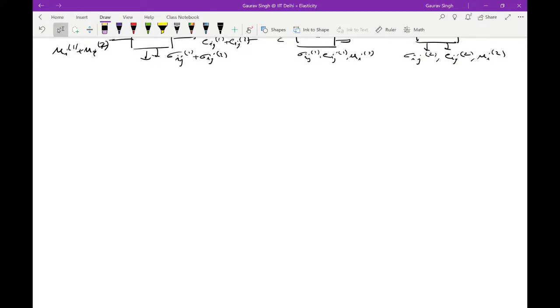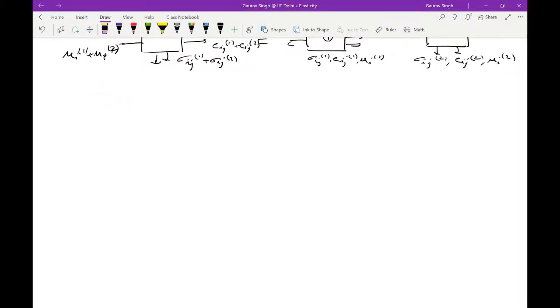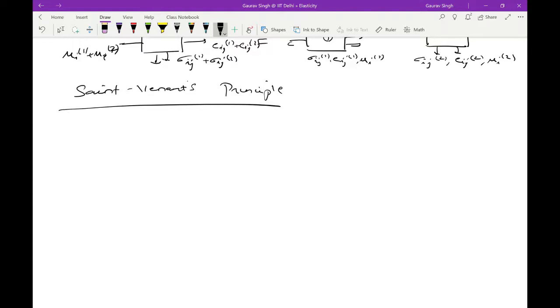We also want to discuss another concept which perhaps you may know from your earlier knowledge. That's called Saint Venant's principle. I'll just write the statement first and then we'll understand it.